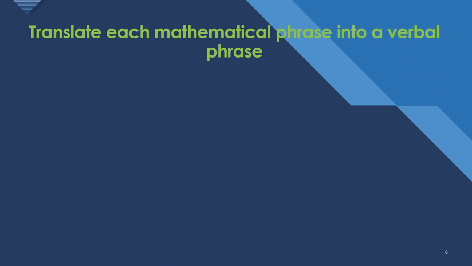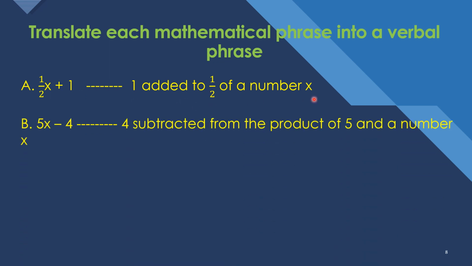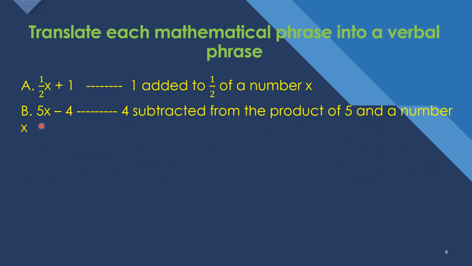Okay, so let us translate mathematical phrase into a verbal phrase. Okay, so we have here 1/2 x plus 1. Okay, so that means 1 added to 1/2 of a number x. Okay. Then we have 5x minus 4. That means 4 subtracted from the product of 5 and the number x.